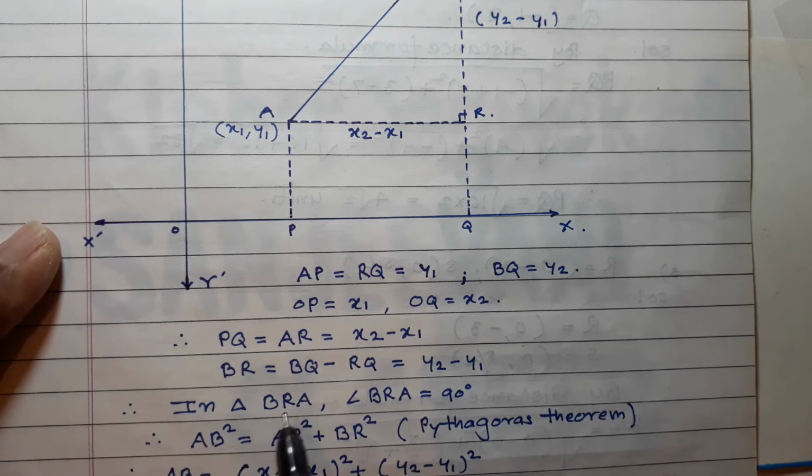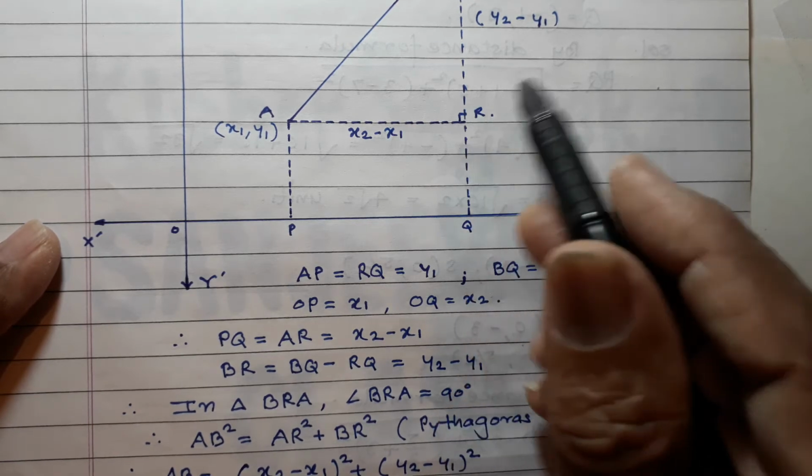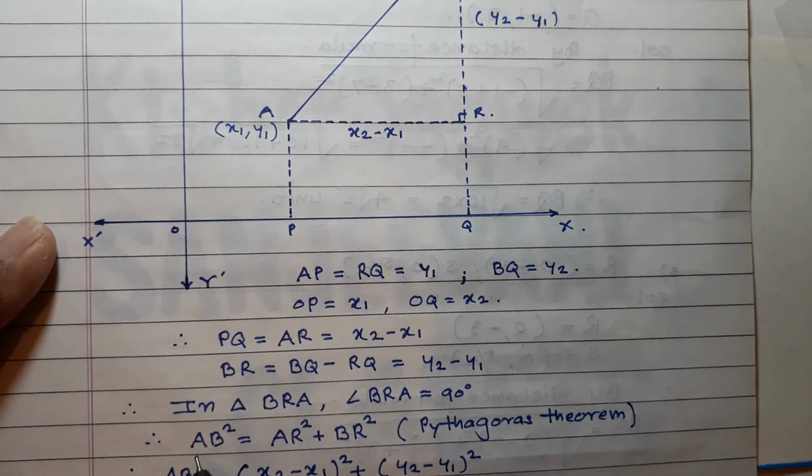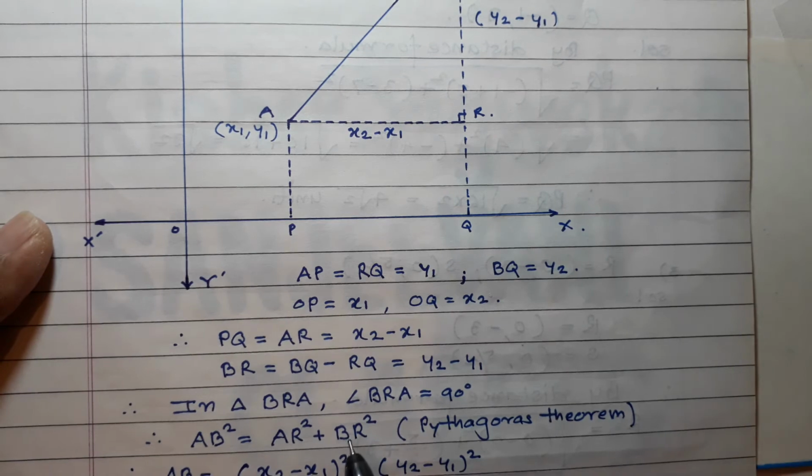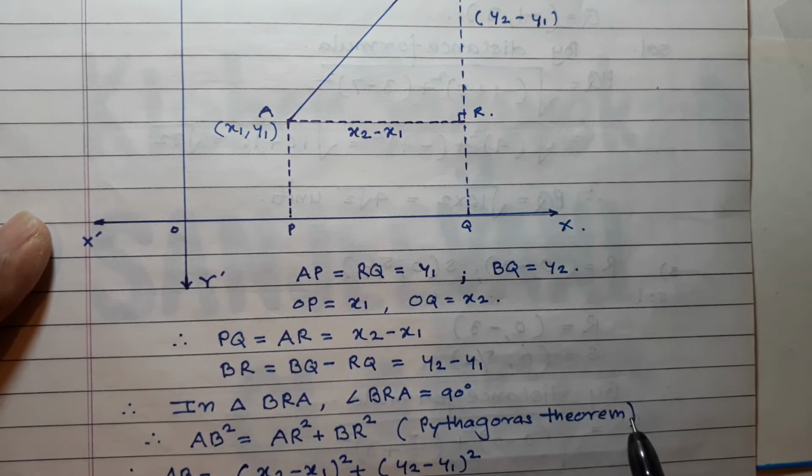Now in triangle BRA, angle BRA is equal to 90. This angle is 90. And therefore AB square is equal to AR square plus BR square. Pythagoras theorem.